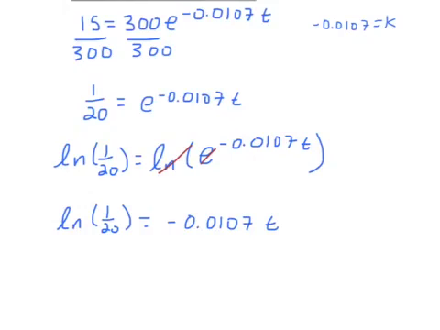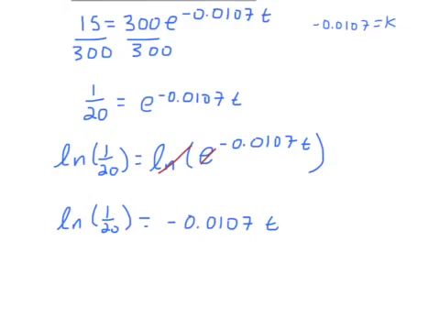Now when you divide both sides by this, you basically have to take ln of 1 over 20 divided by this k constant. Make sure you use the k constant that you found as a stored value. So even though I'm using this decimal, I'm really plugging it into my calculator as the stored value that I found up here for my solution.